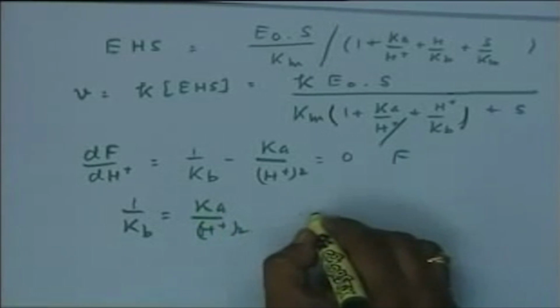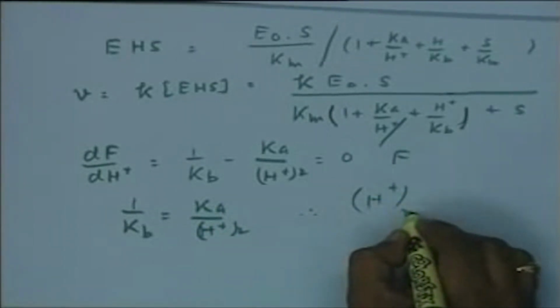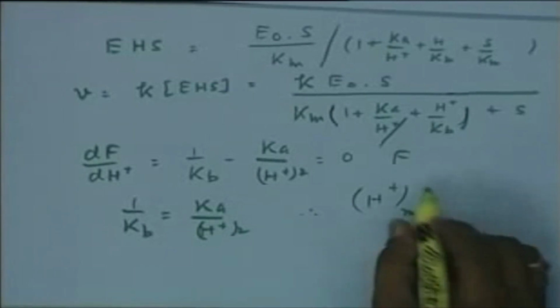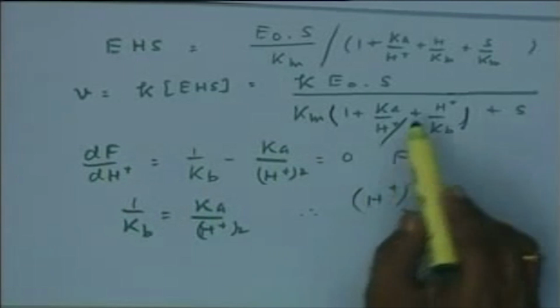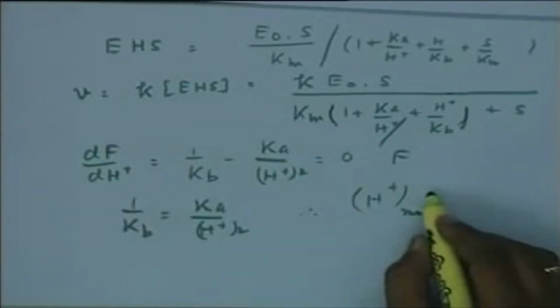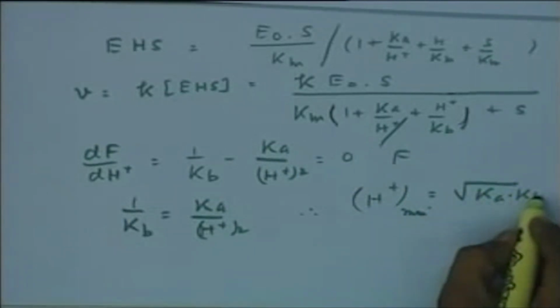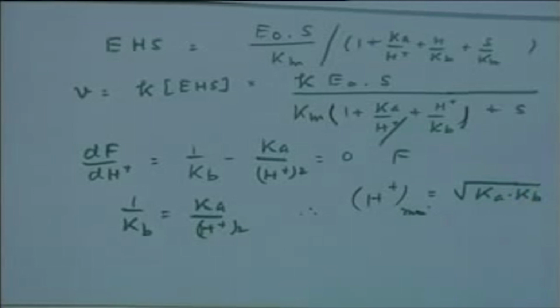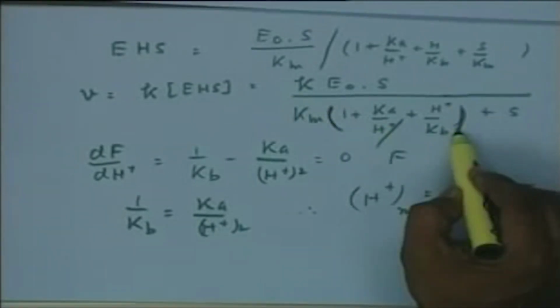So, therefore, your hydrogen ion concentration which gives you this function f to be a minimum, when this function is minimum, your reaction velocity will be maximum, and that will be given by the square root of Ka into Kb.